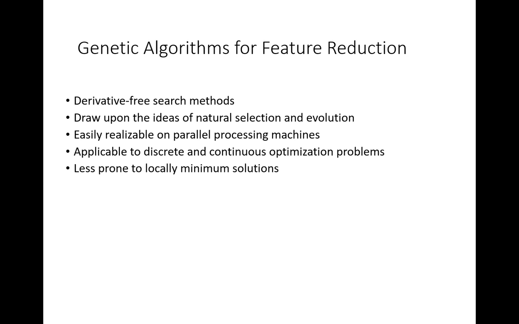Algorithms which make use of derivatives have a tendency to get stuck in a local minima. Genetic algorithms are not prone to that tendency, and they can give you the globally minimum solution, or best of the best solution.